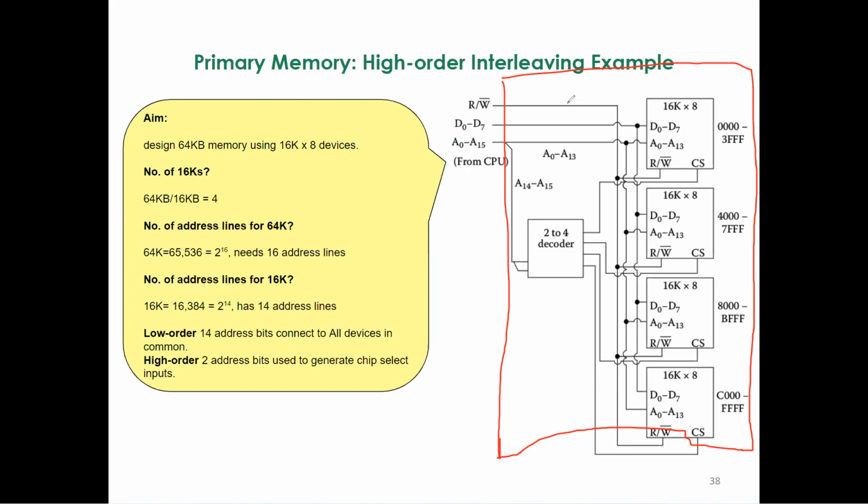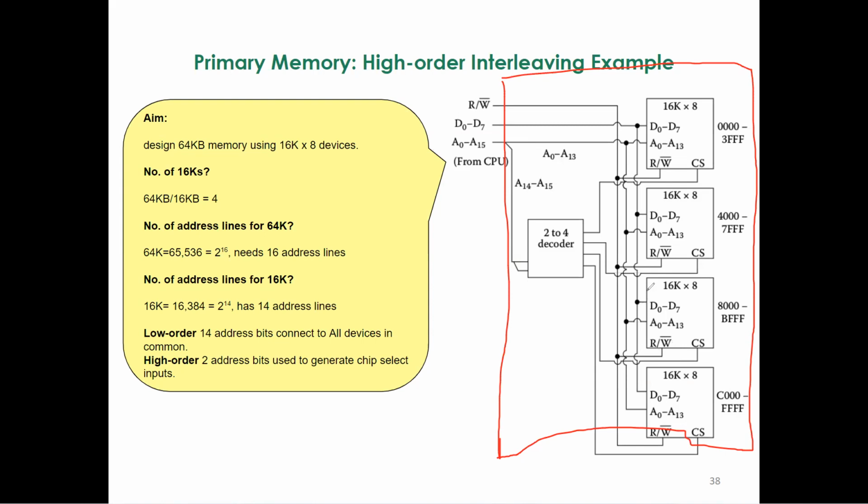Because it is 64 kilobytes, we need 16 address lines, A0 to A15, to address it. But how those 16 address lines are used is detailed by the kind of interleaving that we are using.